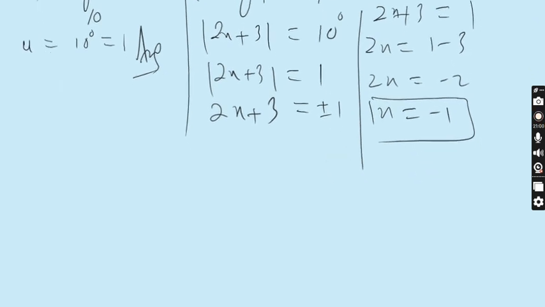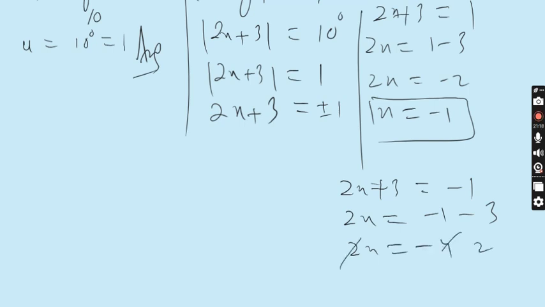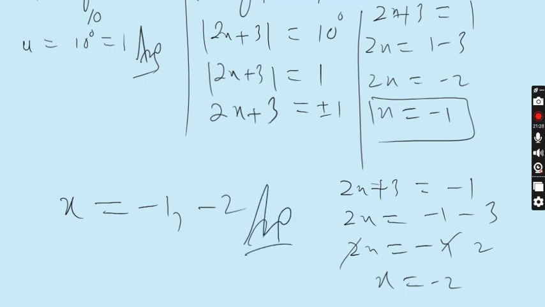Now taking 2x plus 3 is equal to negative 1. 2x is equal to negative 1 minus 3. Negative 1 minus 3 is negative 4. So 2x is negative 4, x is equal to negative 2. Hence our answers are x is equal to negative 1 and negative 2. This is our final answer.